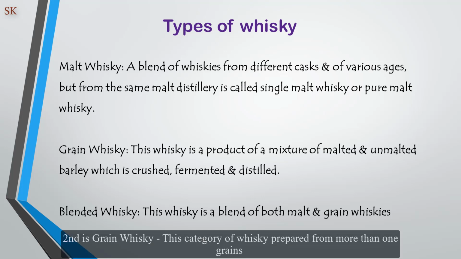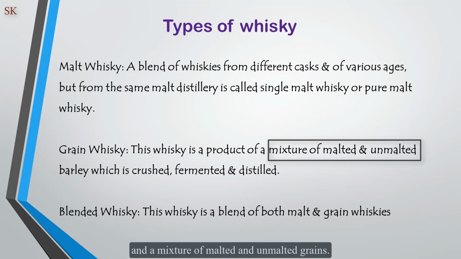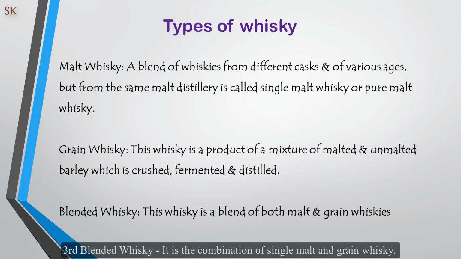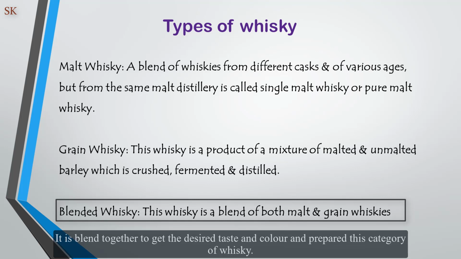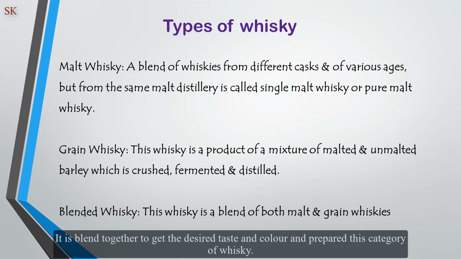Second is grain whiskey. This category of whiskey is prepared from more than one grain and a mixture of malted and unmalted grains. Third is blended whiskey. It is the combination of single malt and grain whiskies. It is blended together to get the desired color and taste.